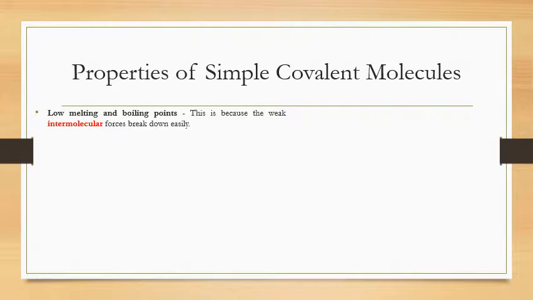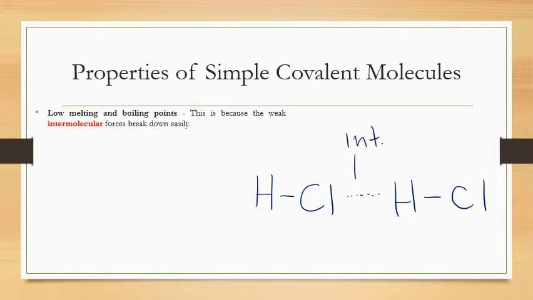So for example, with hydrogen chloride, there will be a weak force between the hydrogen chloride molecules. That is known as an intermolecular force, and they're quite weak and reasonably easy to break compared to the covalent bond, which is very, very strong.